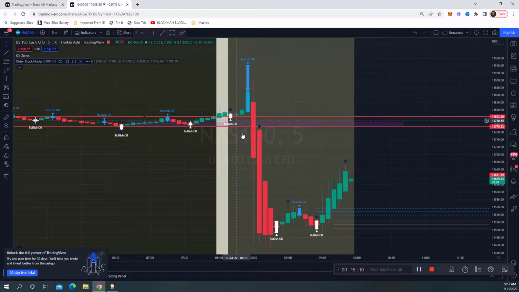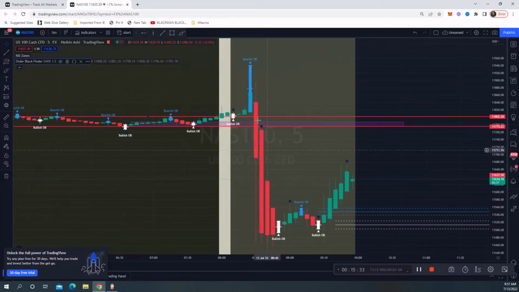Now, here is another thing that you have to remember. The candle that will be the order block will not show up until the bearish candles or the bullish candles, I think it's either the third or the fourth candle in that direction. So in this case, with this long run, this order block didn't show up until this got here.